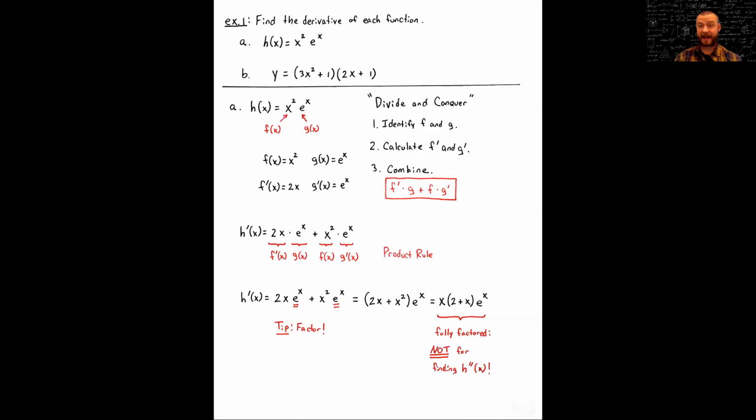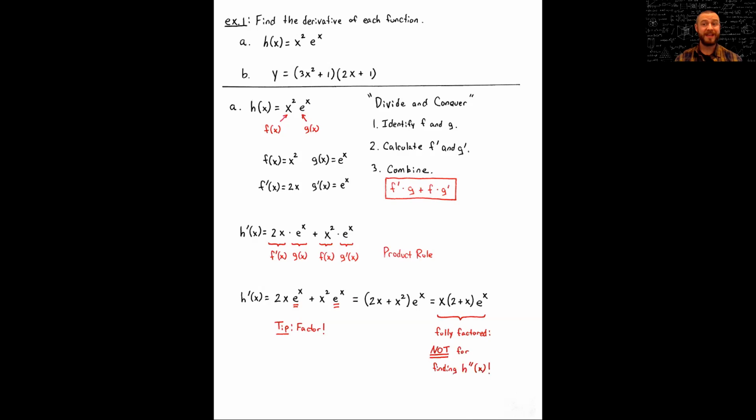This is fully factored, but it's not going to be useful for finding h double prime. The reason for that, and we will get to that within a second part of this lecture, notice that version has 3 factors. The product rule, as we've stated it, only applies when the function has 2 factors.